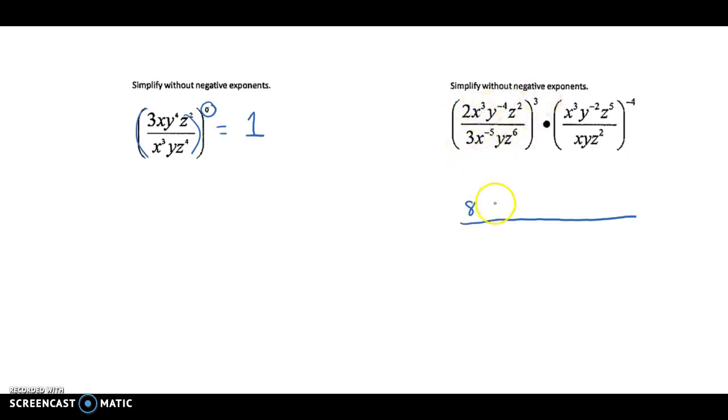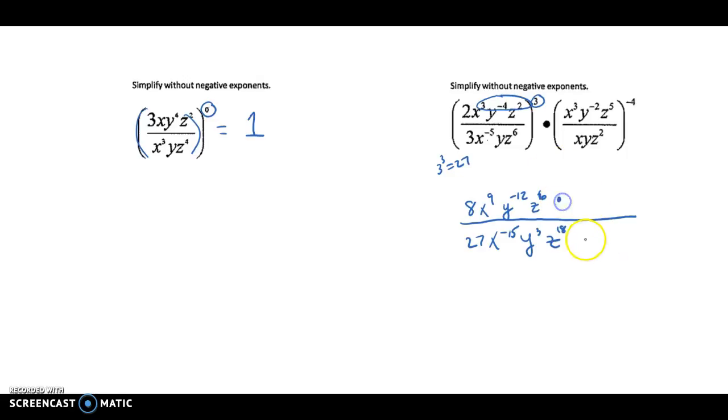X to the third is going to be x to the 9. Y to the negative 12. Z to the 4. Remember, these exponents multiply with that 3. 3 to the third power, remember, is 27. X to the negative 5 times 3 is x to the negative 15. Y to the third, Z to the 18.